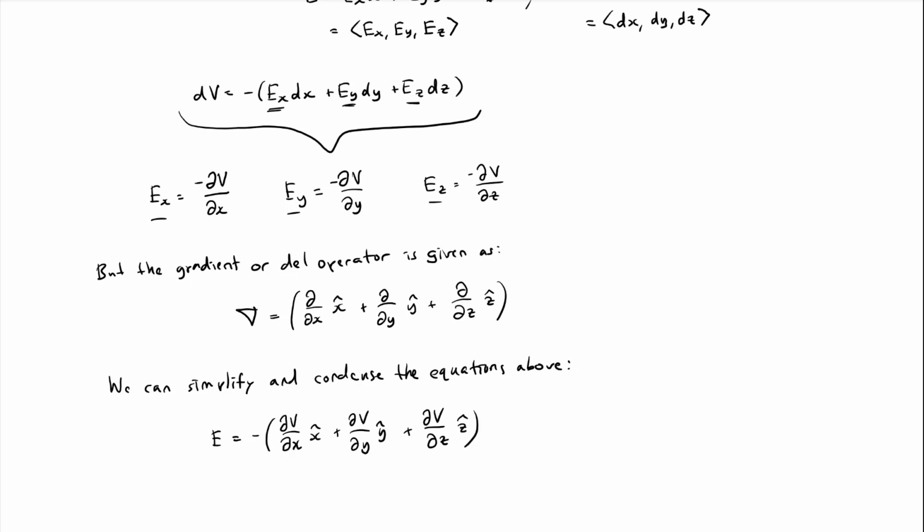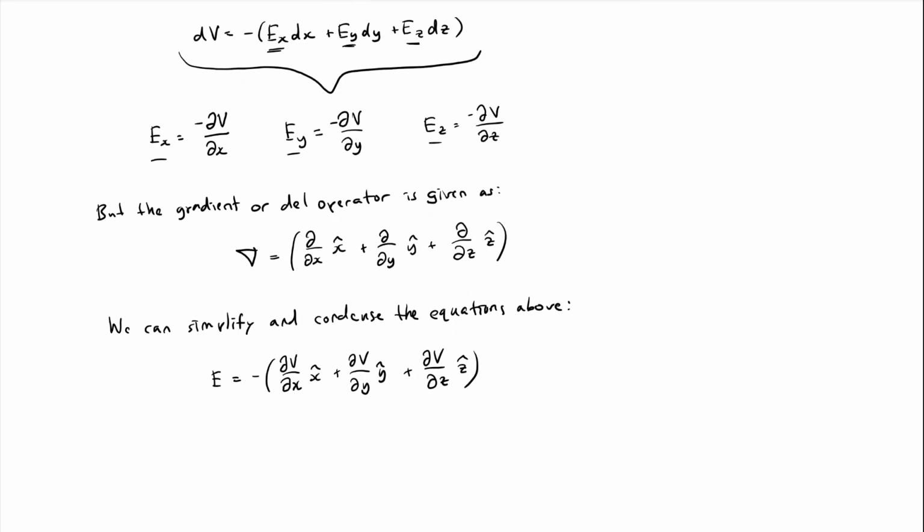So I have E equal to essentially all these partial derivatives of potential with respect to x, y, and z, but we know that the del operator is this, and we can simplify that even further and say that E is simply equal to negative del V.